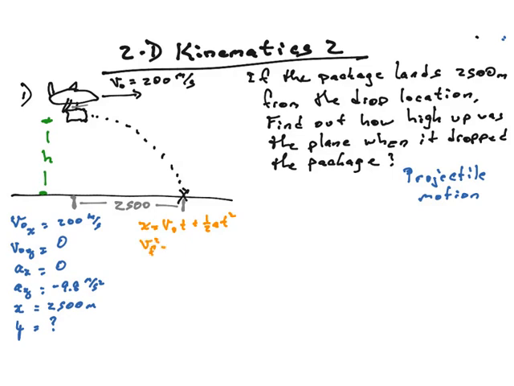Vf squared is v naught squared plus 2ax. And acceleration is final minus initial velocity over time. And remember, as I said last time, there's an x in this equation. That x means distance. So all three of these equations can mean x stuff or y stuff.